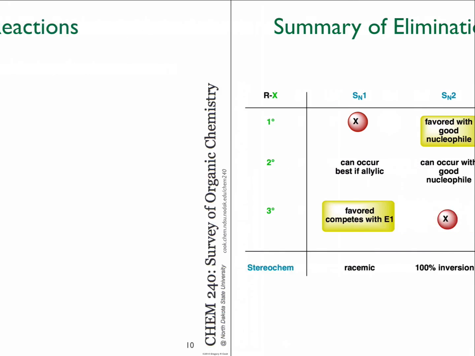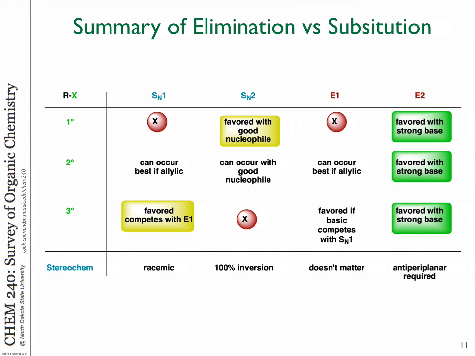So if you compare the details of these, I put this in that summary that I handed out. The table is a little different in the notes from class. It gives you some idea about the substrate, a little bit about which things are favored, and I would just say E2, whenever you have alkoxides or hydroxides, that's a good bet that elimination occurs. So think about double bond formation.